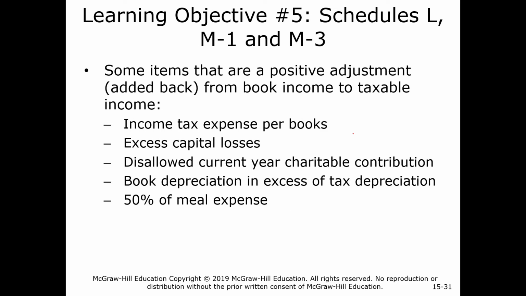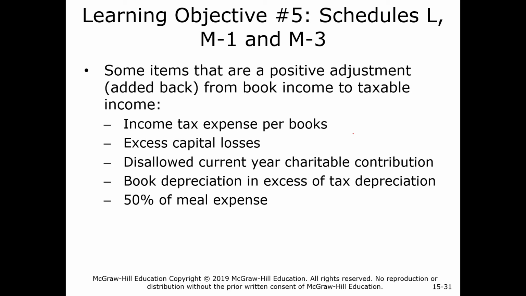So here are some items we have in this reconciliation. We have some items that are positive adjustments, meaning we begin with our book income, straight from the income statement. Then we have to add some items that we subtracted in arriving at that book income for financial reporting purposes but that are not allowed for the tax return.